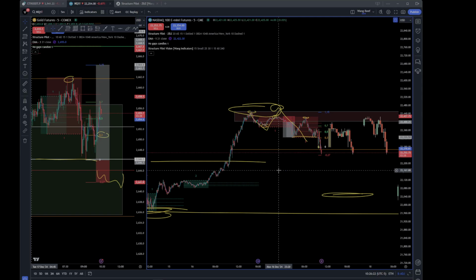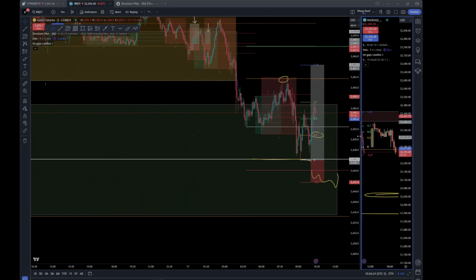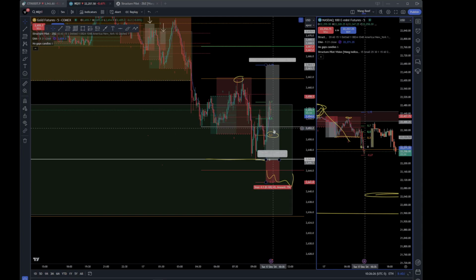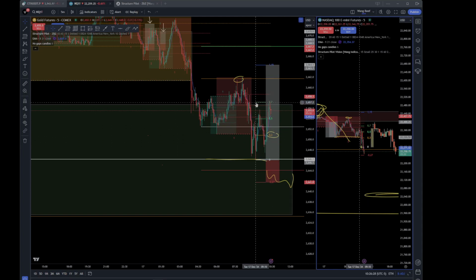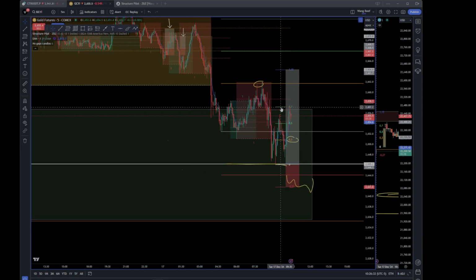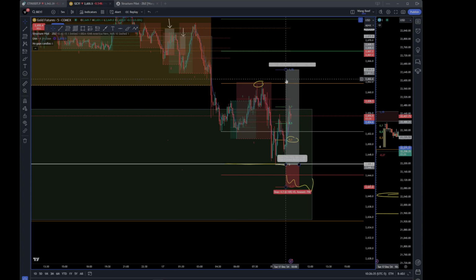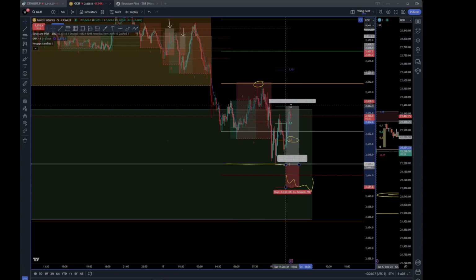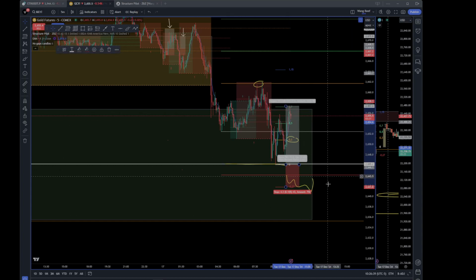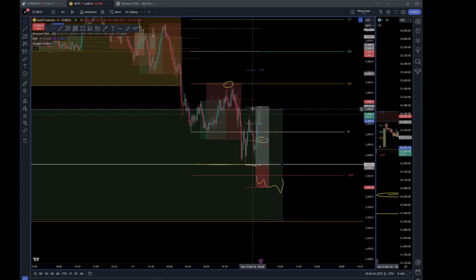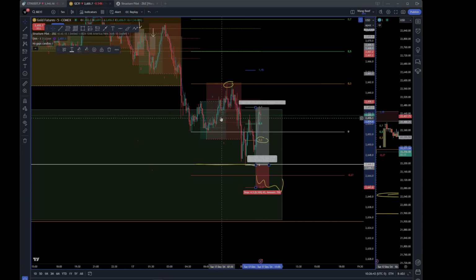So yeah, looks like gold. So we came to the 0.7, right? Which, if you are a disciplined trader and are managing with the tools, would have been your full TP.